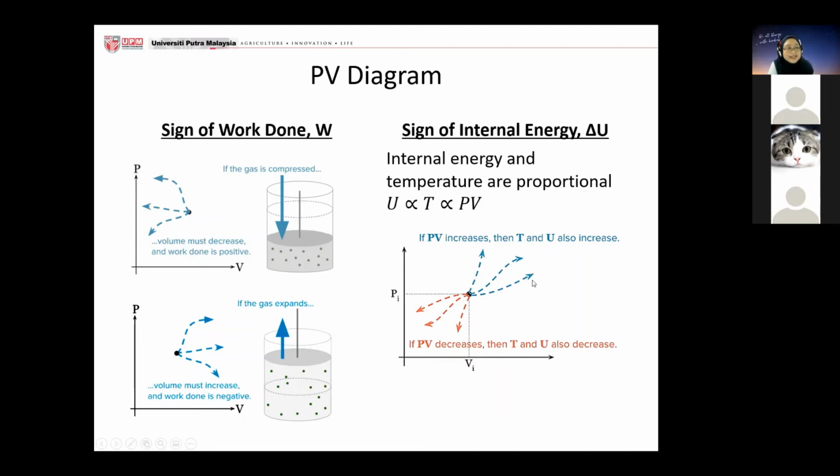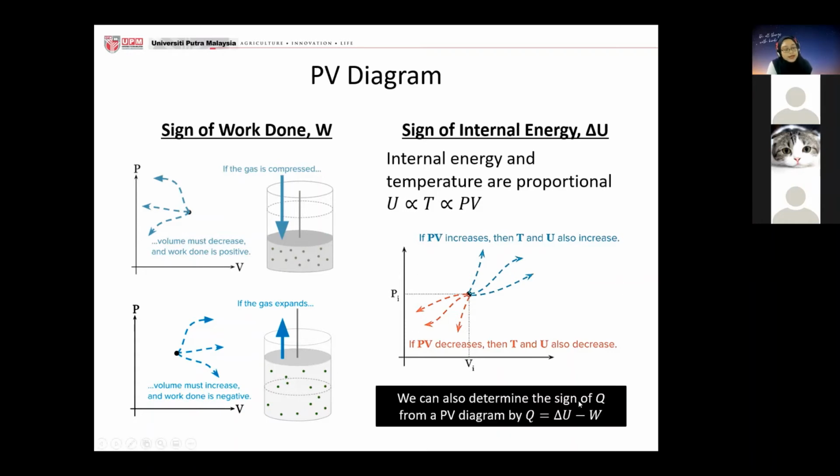I hope you can understand why all of this is very, very helpful when you are looking at PV diagrams. And of course Q can also be determined, the sign I mean, using this. If you already know the sign of your delta U and the sign of W, you can definitely know the sign for Q.